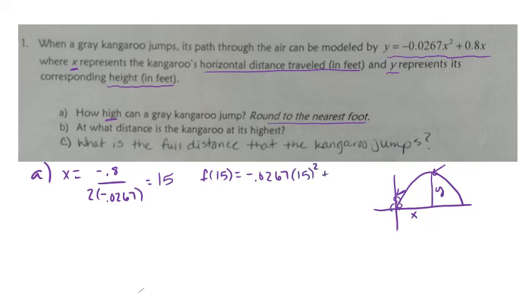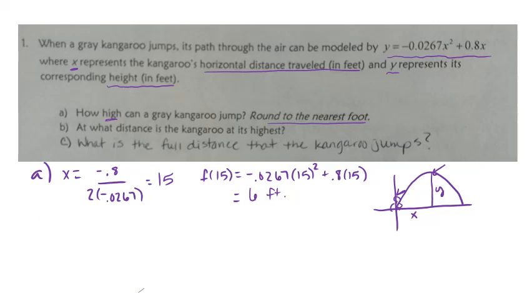Again, I'm going to use the correct order of operations with my calculator. After we use order of operations, I have 5.99 feet, so we're just going to call that 6 feet. Okay, so the height will be 6 feet.